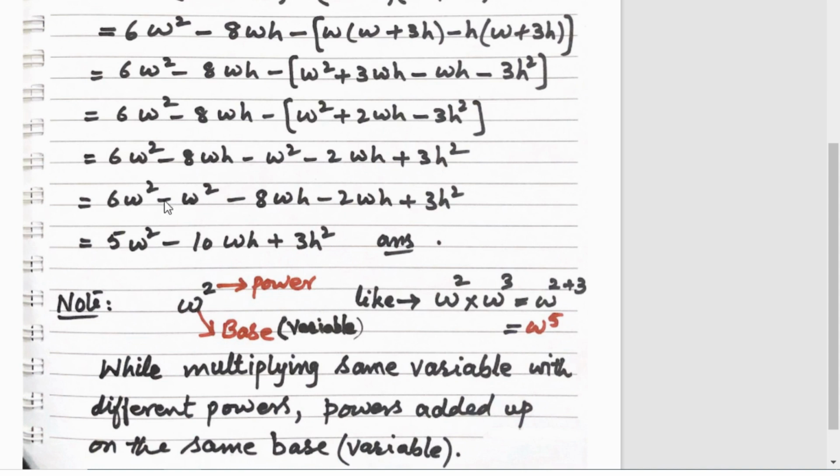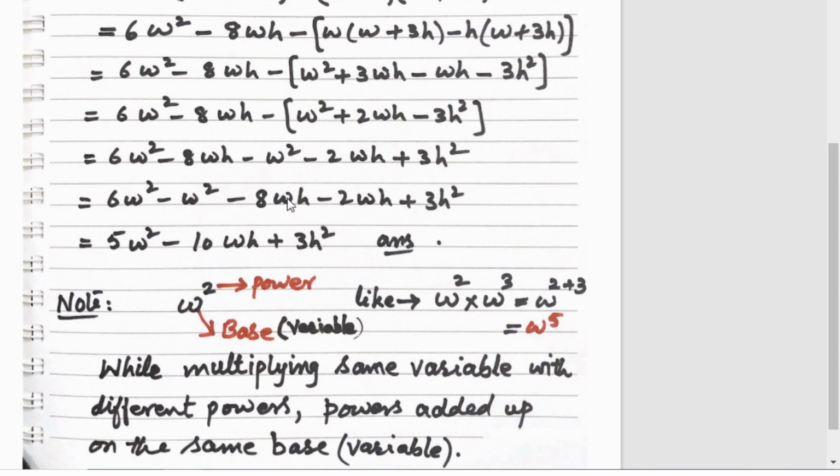This is plus, this is minus. When terms with the same powers and same variables have different signs, we subtract their coefficients. 6 minus 1 will be 5, and the sign of the bigger term comes with the answer. It means plus is over here with 5. No need at all to write it down because this is the starting term. 5W square is the answer of the first two terms.